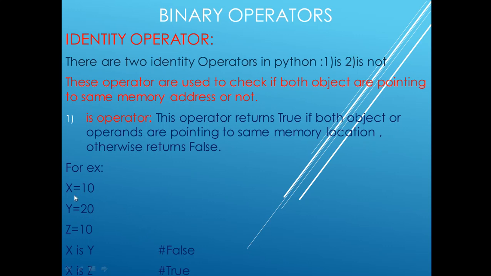But in the case of x and z, both are pointing to the same location, so x is z returns true. In this way you need to evaluate whether the memory location is the same. If both the operands, here x and y, are pointing to the same location, then only the 'is' operator will return true, otherwise it will return false. So this is about the 'is' operator.